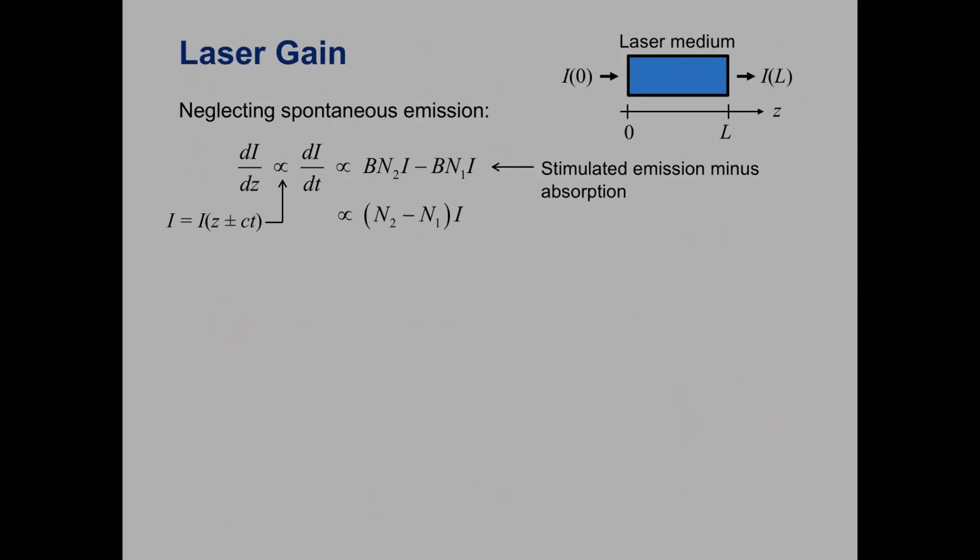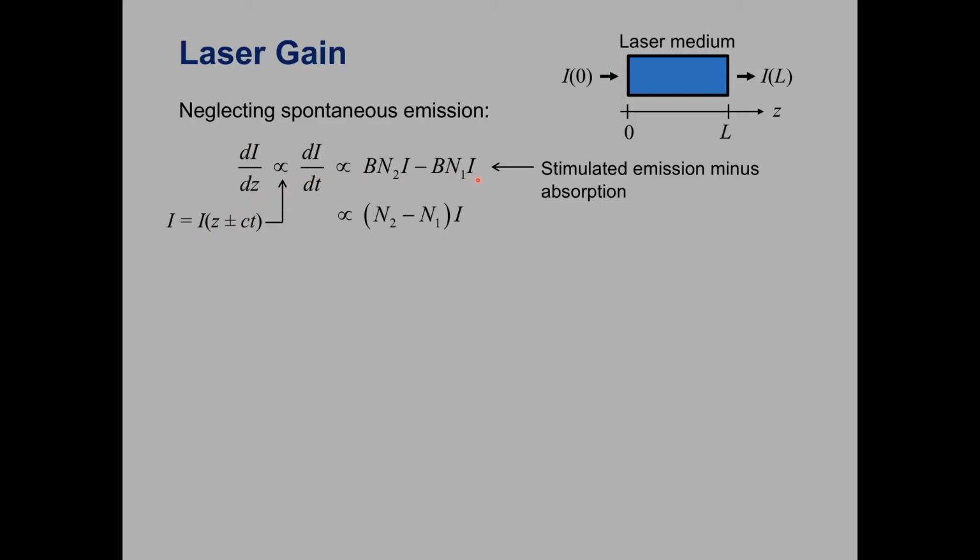So if we want to consider the total gain, we want to consider how the intensity changes as the light propagates along the z-axis through our material. That's going to be proportional to our total stimulated emission minus our total absorption.